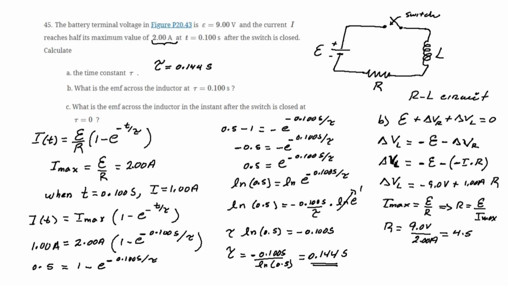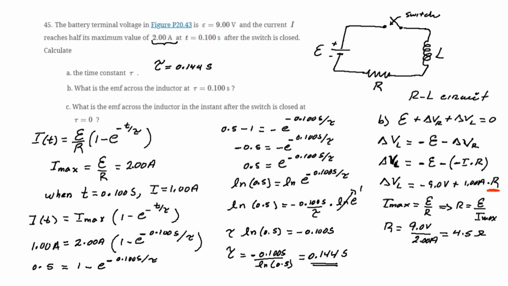Now that you know the resistance of the resistor, you can substitute it into the variation of voltage across the inductor.